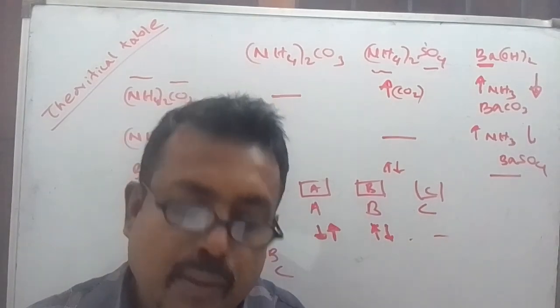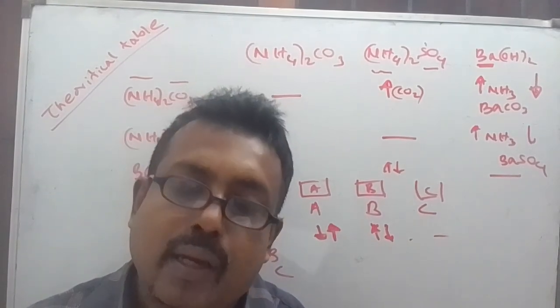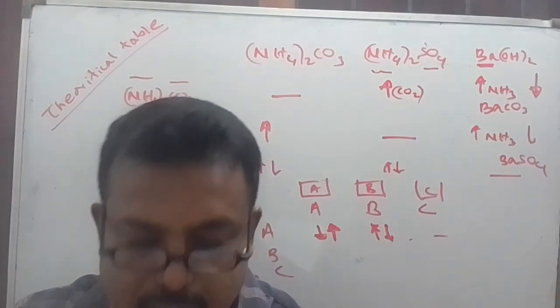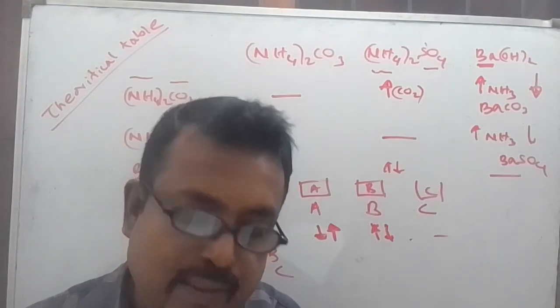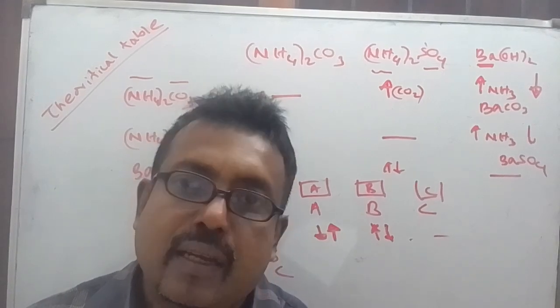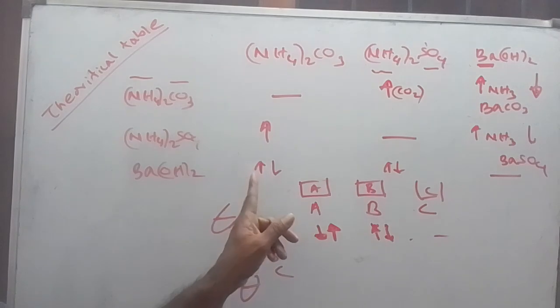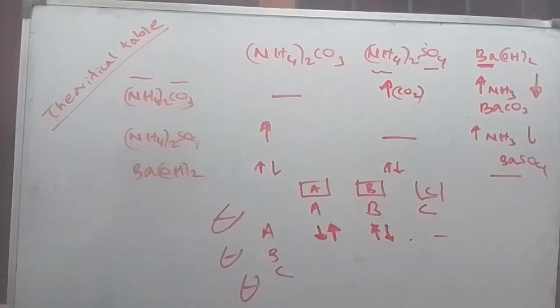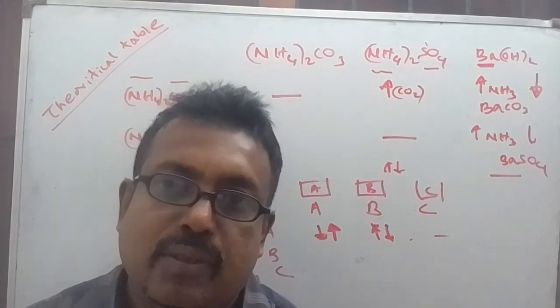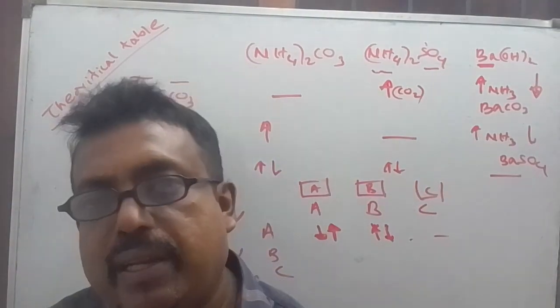You can write, mix all the species pairwise. Right. Only barium hydroxide produces two precipitates and gas evolution. So that can be separated as barium hydroxide.